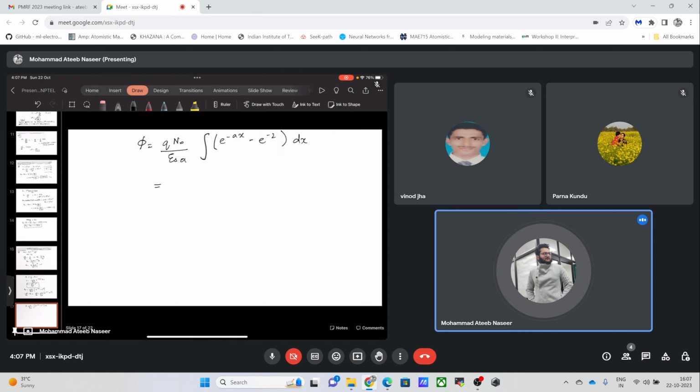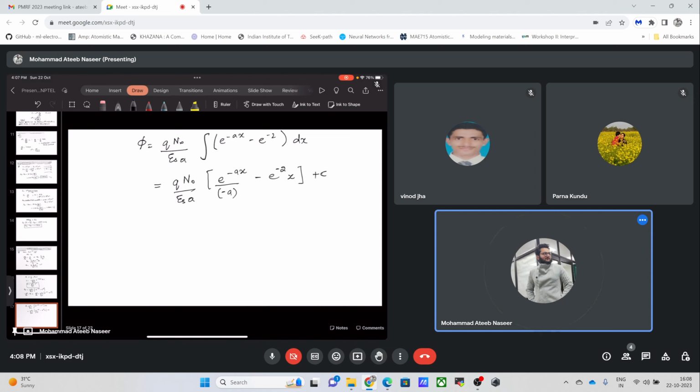So now let's take the solution for this. It is simply q times n naught by epsilon s a, e to the power of minus ax divided by minus a, minus times e to the power of minus 2 x, plus c.